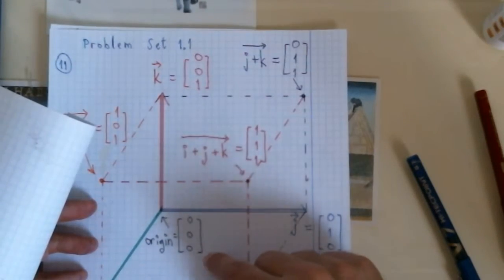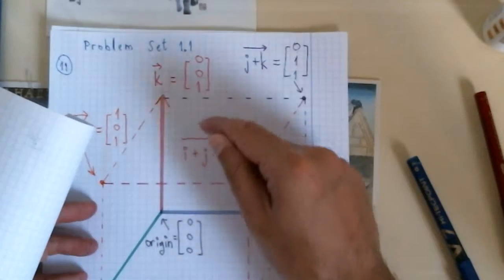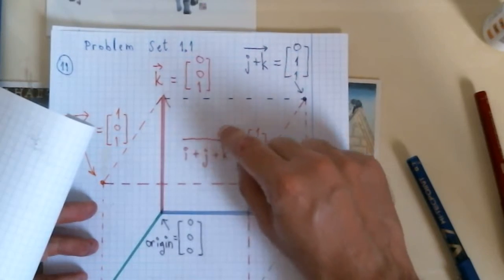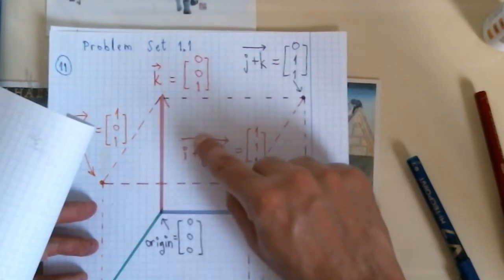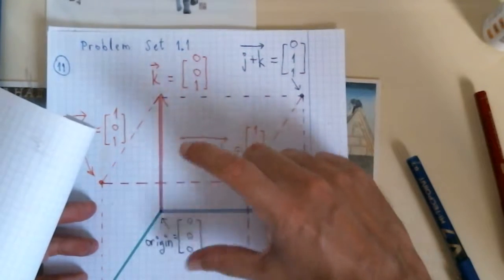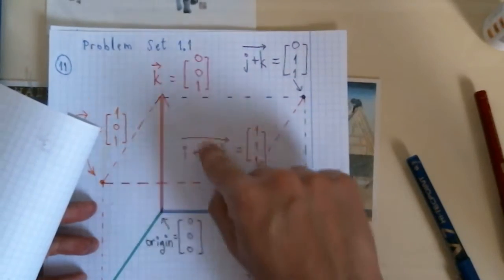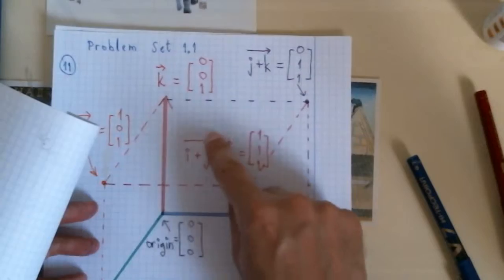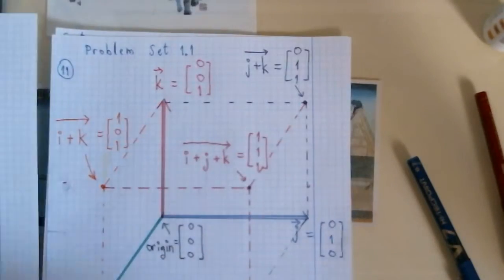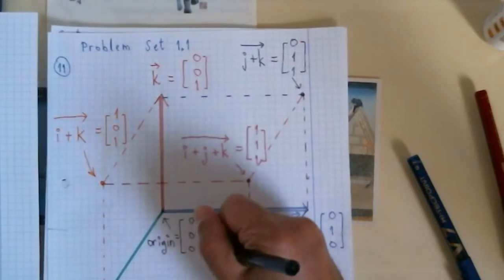It's going to the center of the bottom face and up along k.